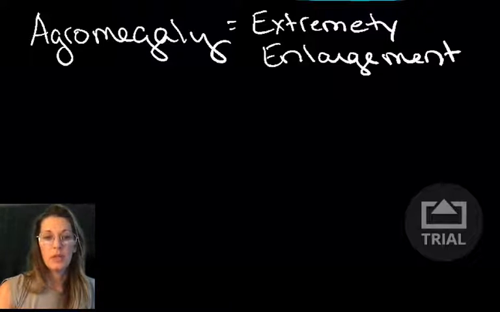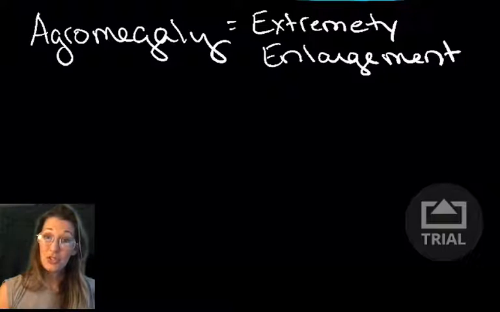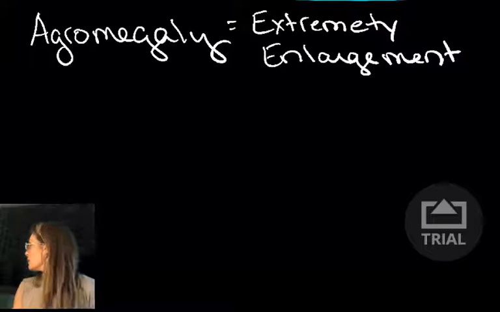What happens with someone who has acromegaly is that in adulthood, the growth of bone and cartilage is renewed. So we grow and we grow and we grow, and somewhere between 16 and 21 we stop growing. In an individual who has acromegaly, as an adult, the bone and the tissue that's supposed to stop growing starts growing again.